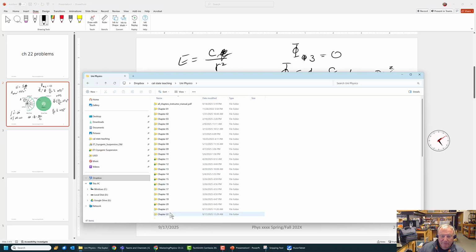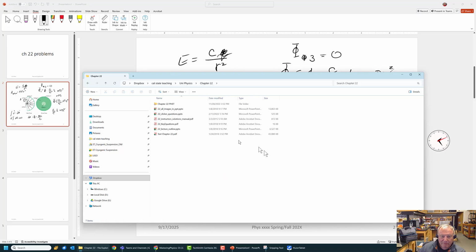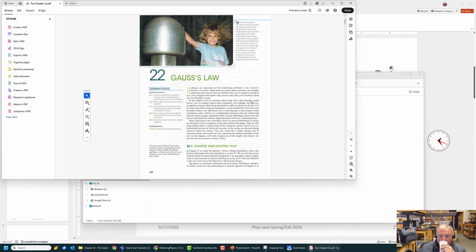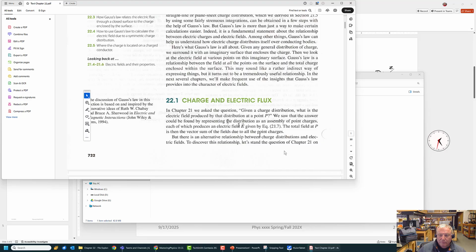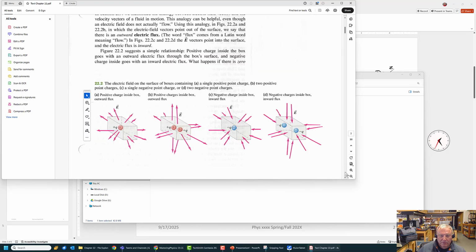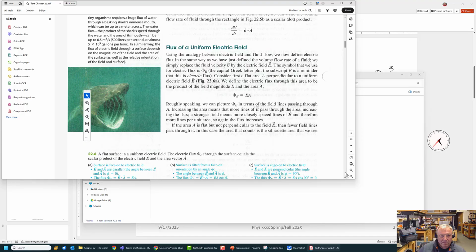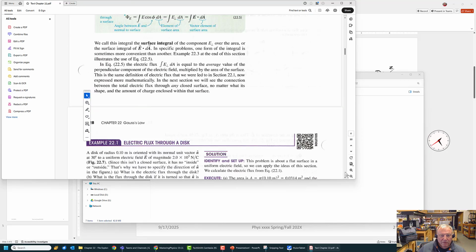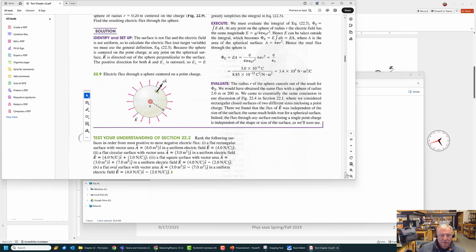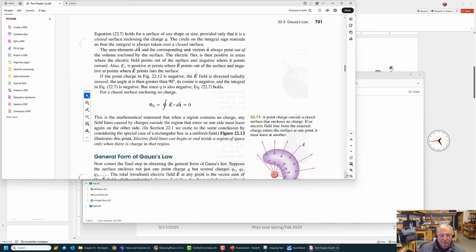Chapter 22. And let's see. Yep. Alright. Enable scrolling. Fit to the width. Okay. 22.3. Let's see, example 22.4.